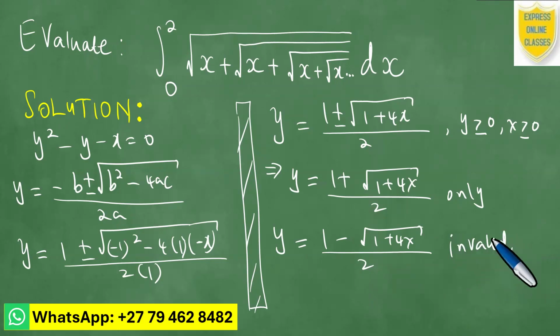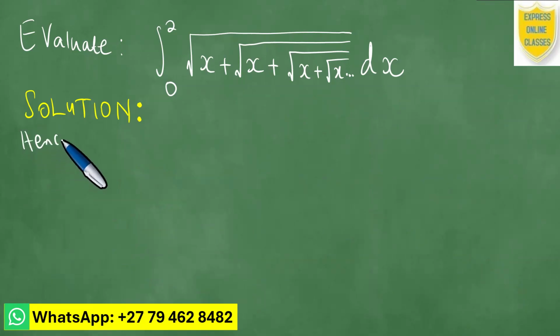Why? Because for any x bigger than 0, the square root is always bigger than 1. So now, as a consequence, we have the following.